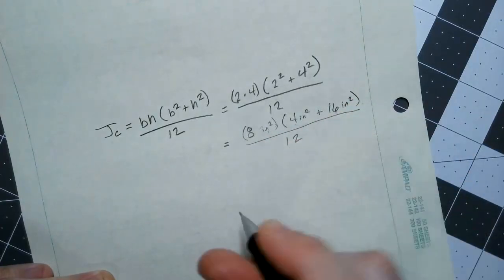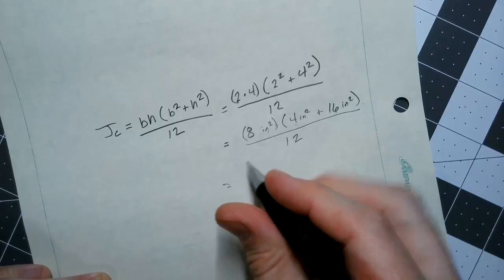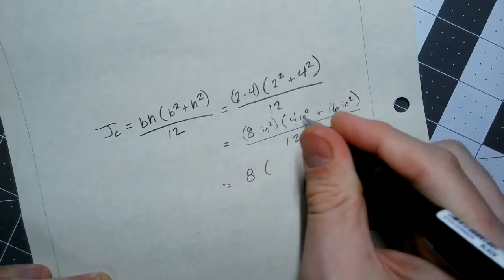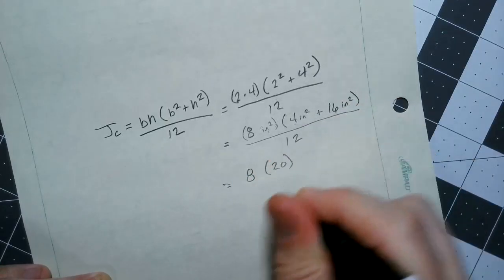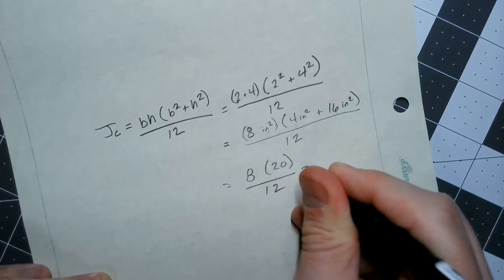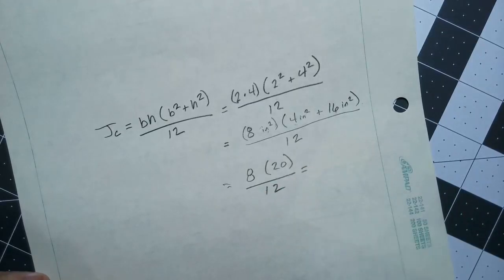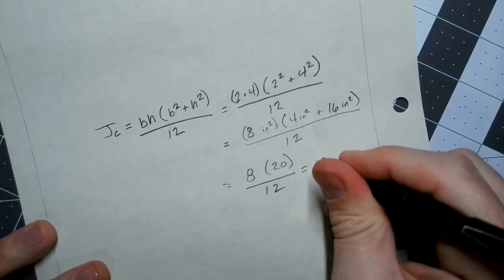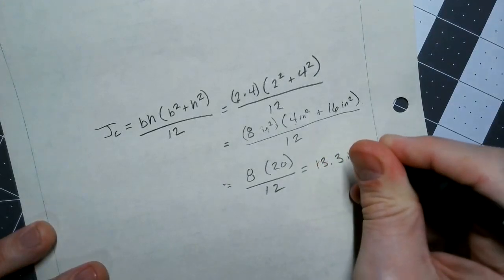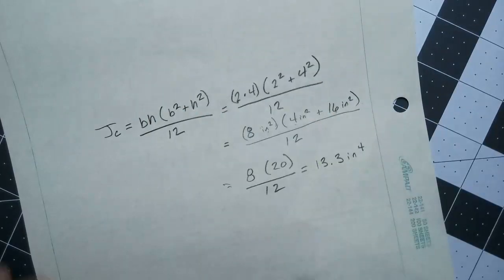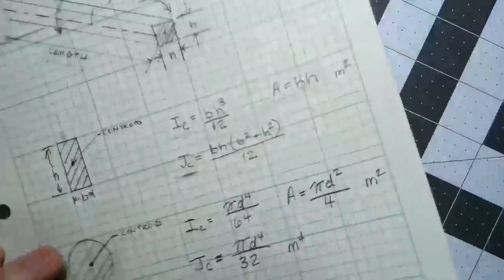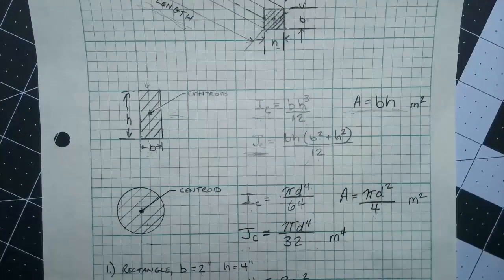Divided by 12. So yeah, you have 8 times 20 divided by 12. So that's effectively 160 divided by 12. That's 13.3 inches to the fourth. So we did all 3 of the different calculations for the rectangle.